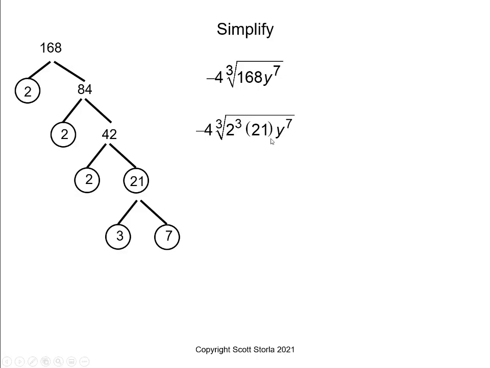Remainder 1, so I'll have one factor of y inside. So again, the factor of 2 comes out. 3 goes into 7 twice, so y squared comes out. The 21 is going to be part of the radicand, and the remainder of 1 means one factor of y will also be part of the radicand. Last, negative 4 times 2 is negative 8.